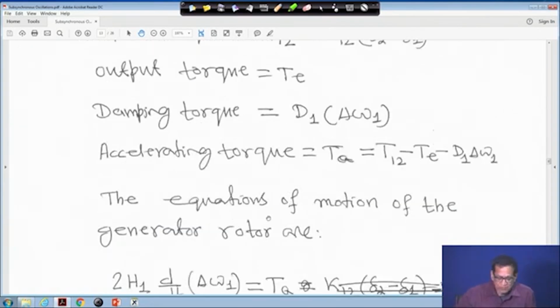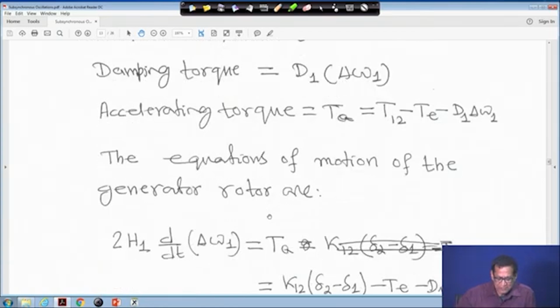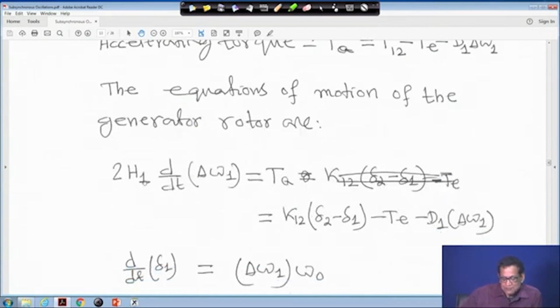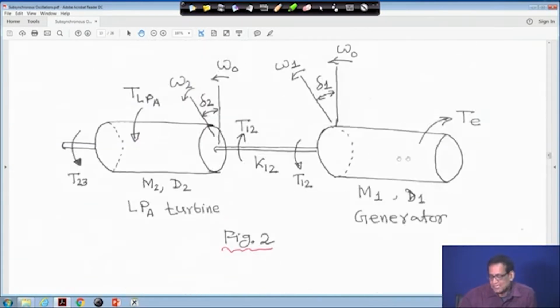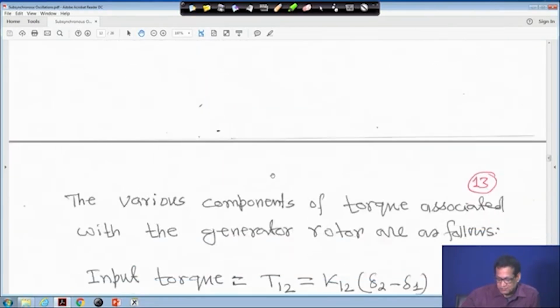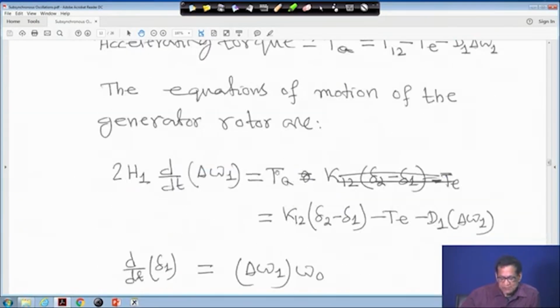The equations of motion of the generator rotor can then be written as 2H1 d/dt of delta omega 1 is equal to TA. This is my generator part. This equation we have seen earlier: 2H1 d/dt of delta omega 1 is equal to TA, which is K12 (delta 2 minus delta 1) minus TE minus D1 delta omega 1.